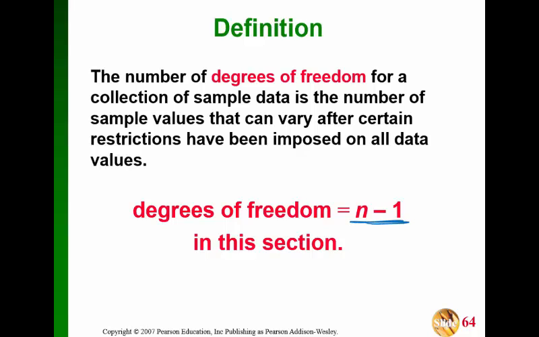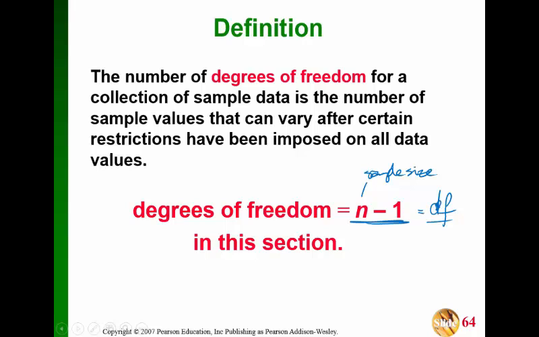So n is your sample size. N minus 1 is going to be your degrees of freedom, and we'll usually write df for the degrees of freedom.